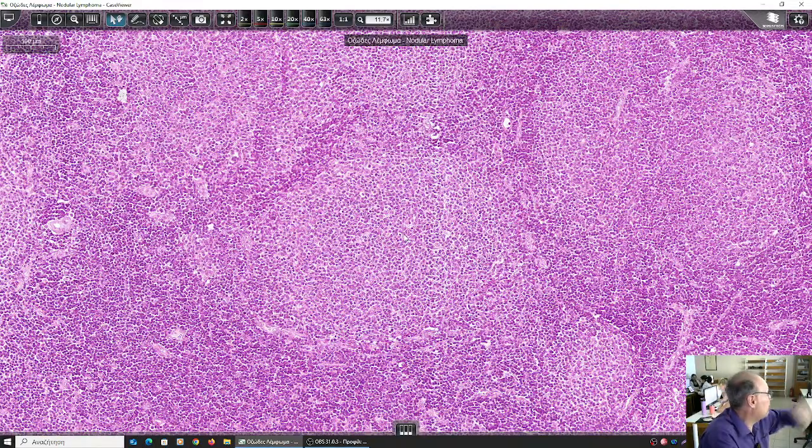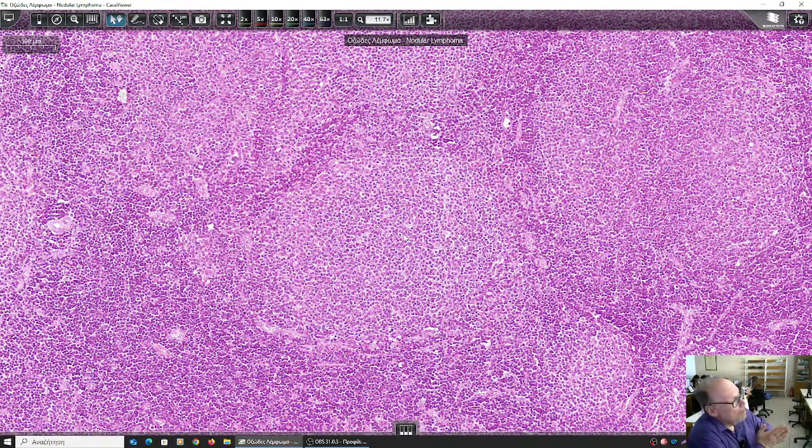No. Here we have a monotonous population of B cells where there are no signs of apoptosis, at least morphologically. So it's possible that this mechanism has been impeded. Something that would not happen in reactive lymph nodes, because in reactive lymph nodes, apoptosis should be functional.